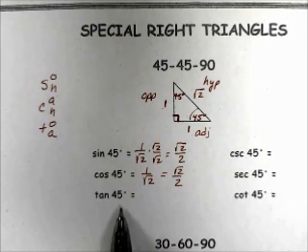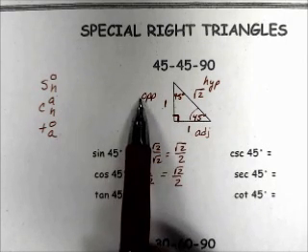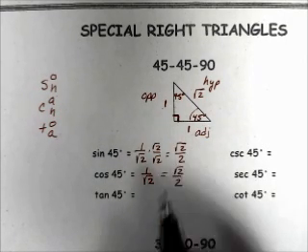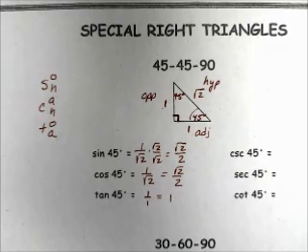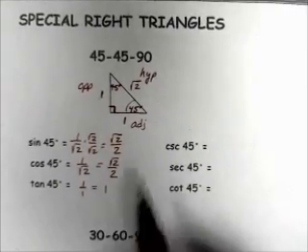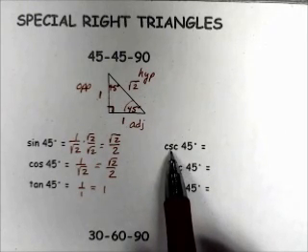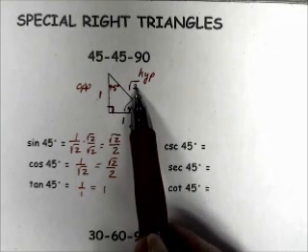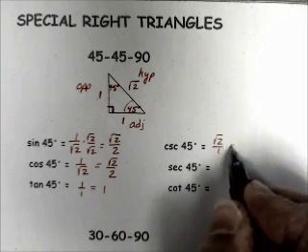The tangent of a 45-degree angle, tangent is opposite over adjacent, so that would be 1 over 1, which is 1. Now, cosecant, remember, is the reciprocal of sine, so the cosecant is hypotenuse over opposite. So that would be the square root of 2 over 1, which is the square root of 2.